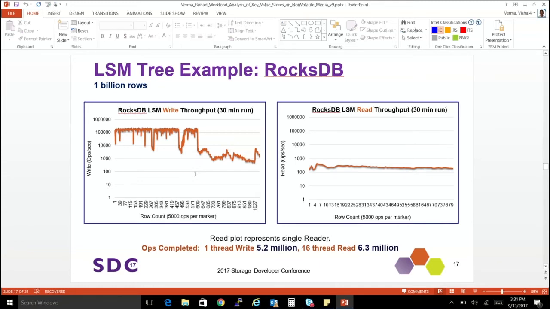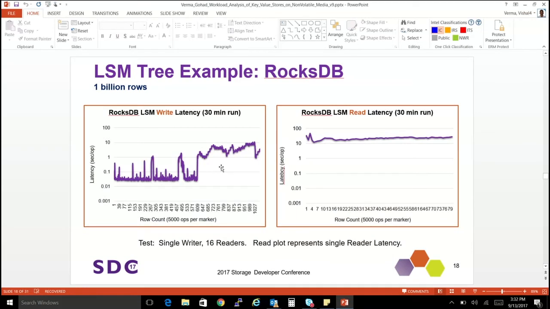If you can see the write throughput depicted here, it started pretty high, and over time the write performance got a bit lower, and that's when the compaction process happens. That's the cause, basically compaction.